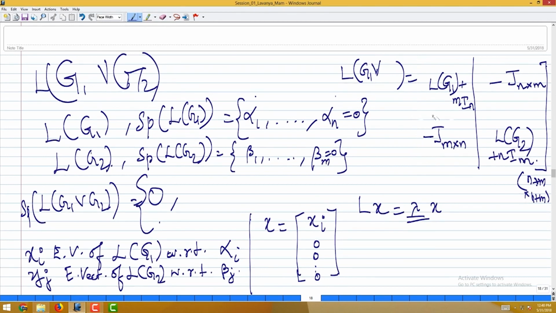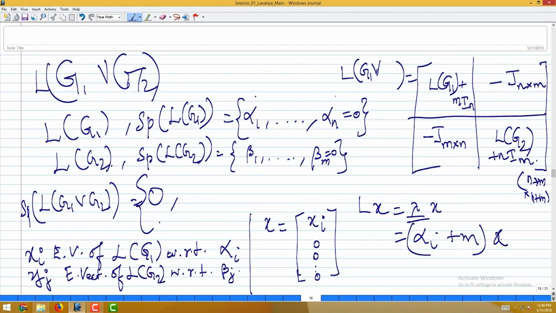So, the block on the top will be contributing alpha i plus m times x, right. What about the lower part? This side you will have n ones and there is a plus n I there, so that vanishes. So, you will only have this value remaining.